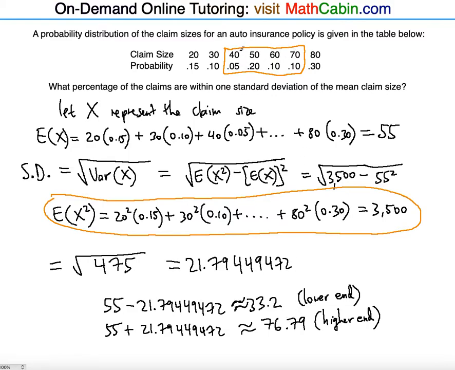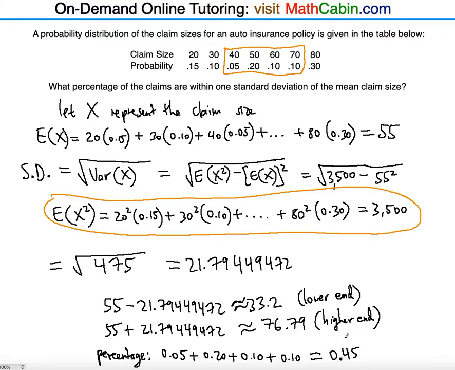Right? So now, as we found those claim sizes and values, we have to sum up the individual probabilities here, and that will give us the overall percentage of the claims. Right? Because probability also represents the percentage by default. So the percentage is going to be basically adding those values. 0.05 plus 0.20 plus 0.10 plus 0.10, and as you see, this is going to be exactly 0.45.